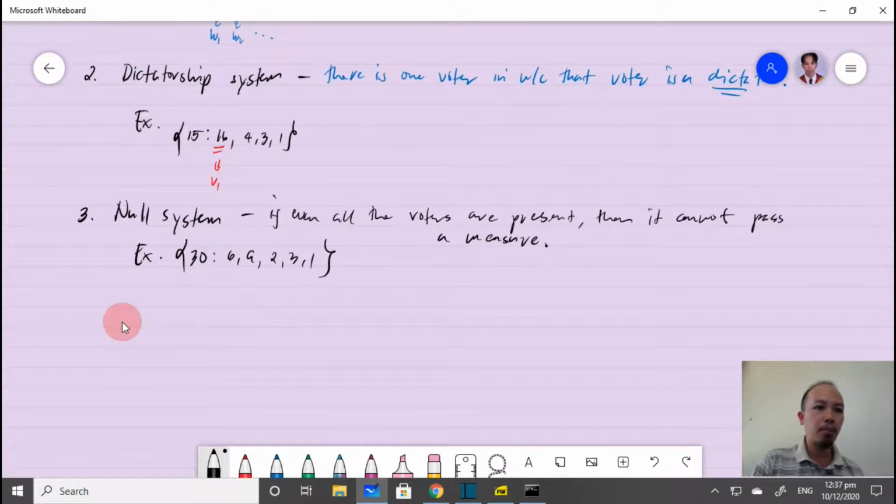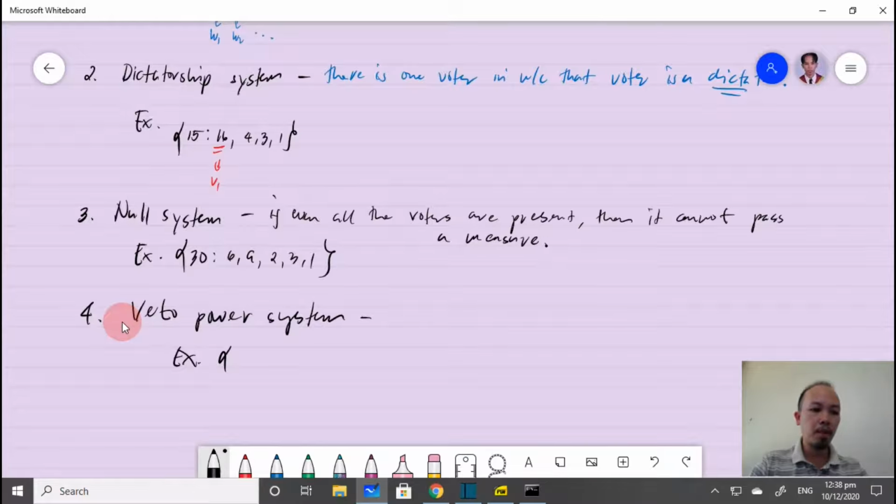Okay, for number 4, the last one, this is what we call the veto power system. Before I define it, I will write this example here first. Let's say the quota is 20, and then you have, let's say not 20, let's say 21.